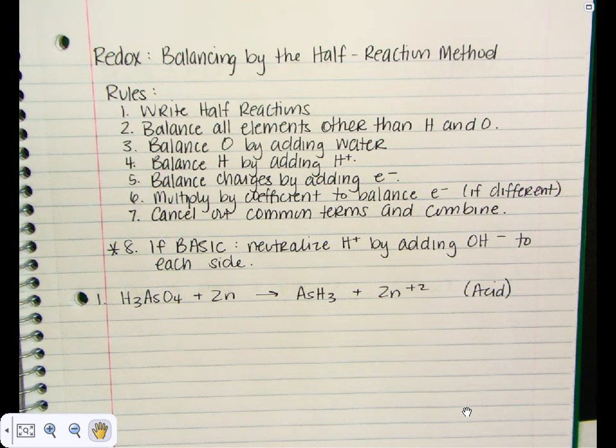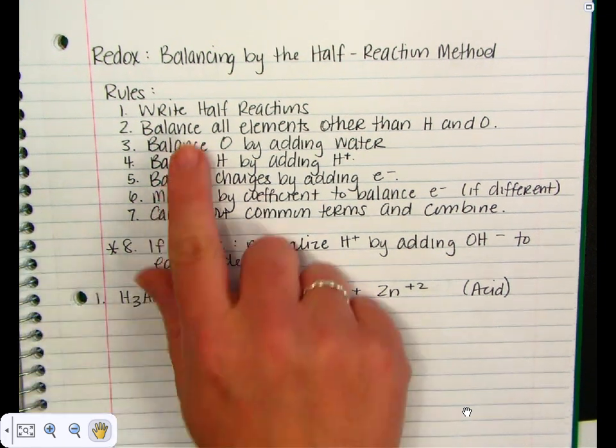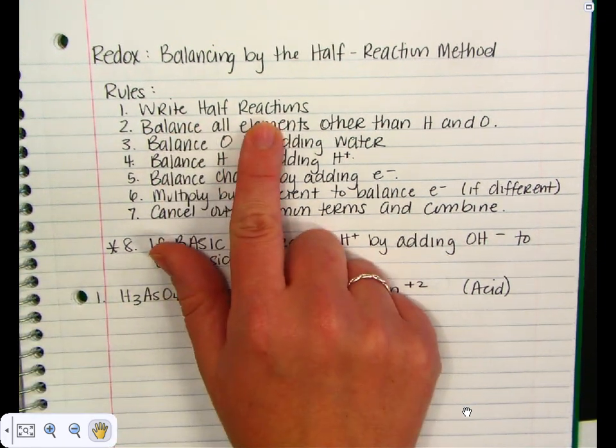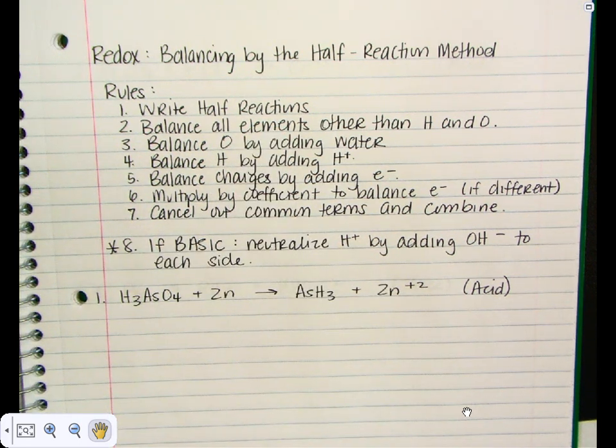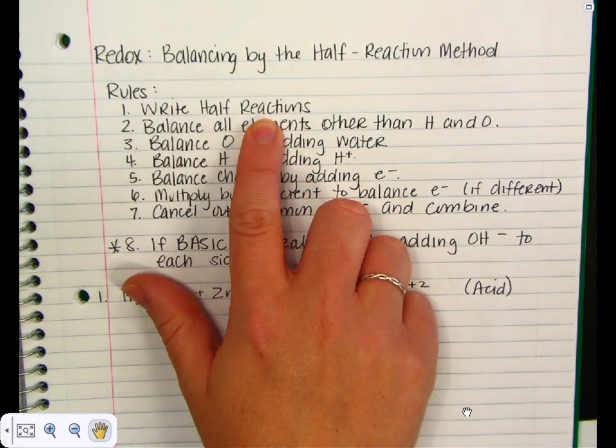All right, so just like with writing oxidation numbers, there's a set of rules for this that we're going to follow. So we're going to run through those real quick. The first thing you're going to do is you're going to write a half reaction. So that encompasses assigning oxidation numbers and writing half reactions, determining what's oxidized and what's reduced. All of that is in this one step of write the half reaction.